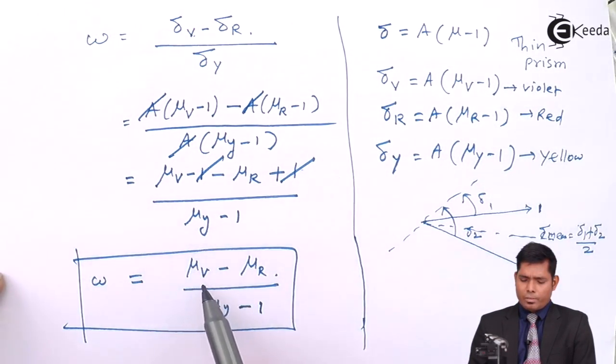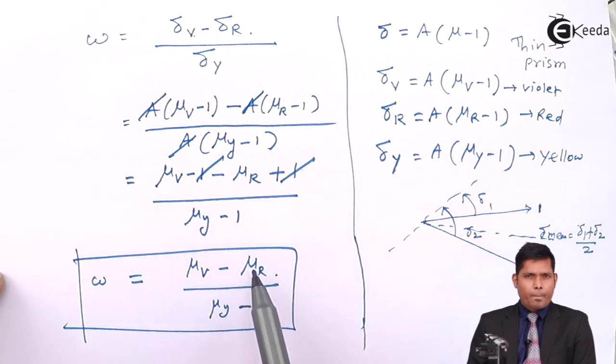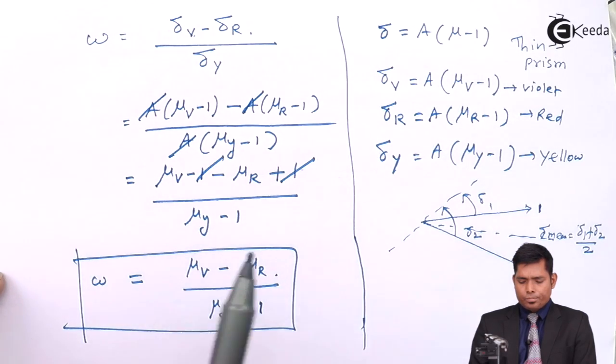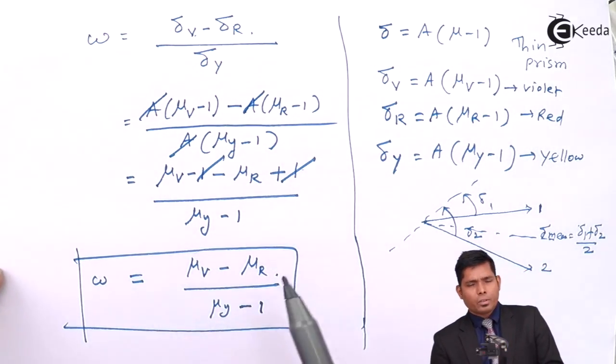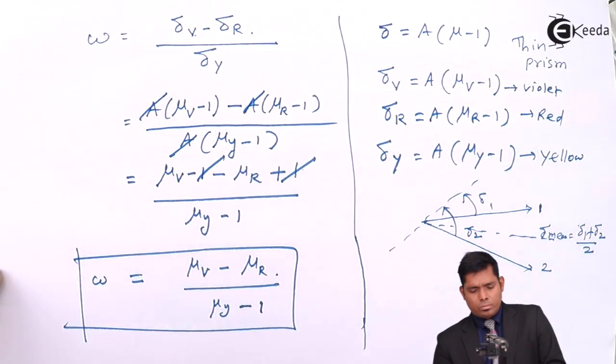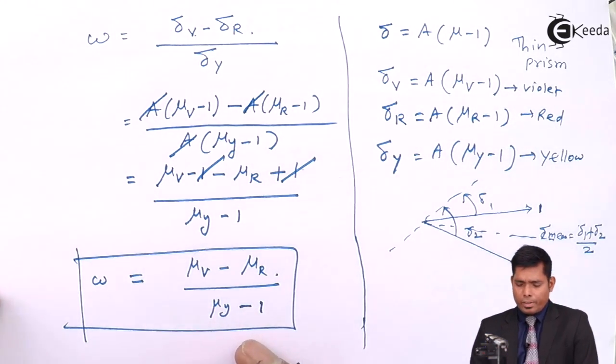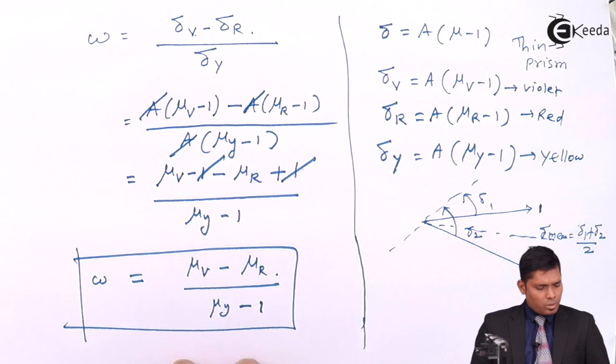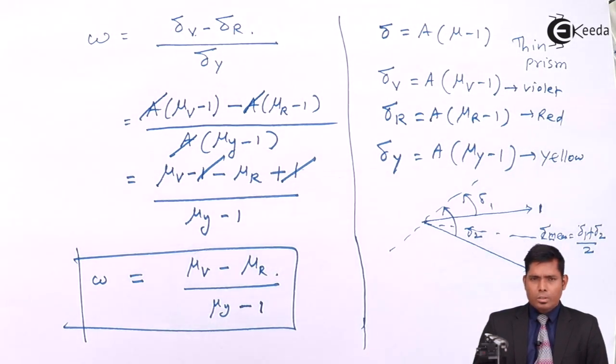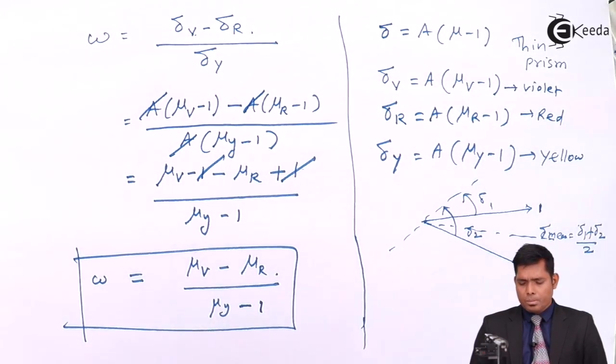So the refractive index for violet light or red light will be different when it is through air and when through water. So if I dip a prism in water, then its dispersive power will change.